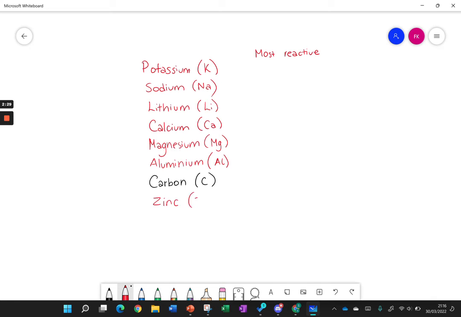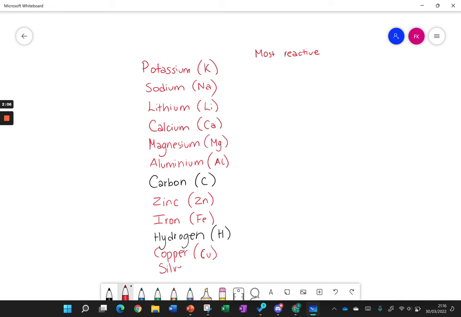Then we have zinc, again another transition metal. Iron. Then we have hydrogen, again not a metal, but good for extracting metals in redox and reduction reactions. Then we finally have copper, which is fairly unreactive.